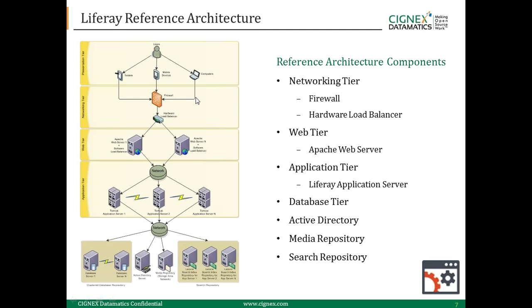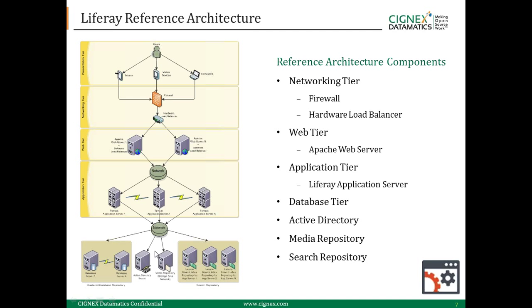The network tier consists of your firewall and your hardware load balancers. It forwards your request to the web tier, which in turn are your Apache web servers. These Apache web servers forward the request to the corresponding application tier, where you might have multiple application servers available.